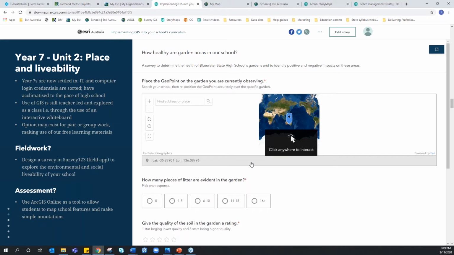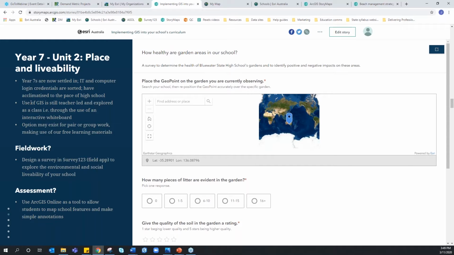They're on top of their IT and computer logging credentials, if that's ever a thing, but it's a lot better than term 1. They've acclimatized to the pace of high school, so they know what's expected of them. They're a little bit faster than what they once were. They've realized that we're not holding their hand as much as teachers may have in primary school.